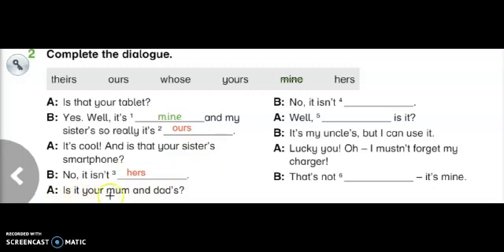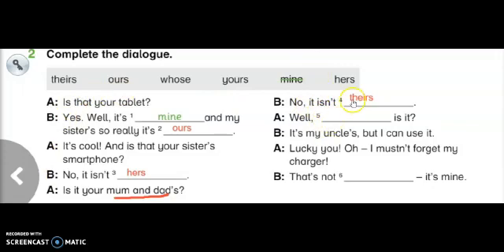A. Is it your mom and dad's? Here we have mom and dad, which is plural. Excellent, theirs, because we are talking about mom and dad. So we say no, it isn't theirs.